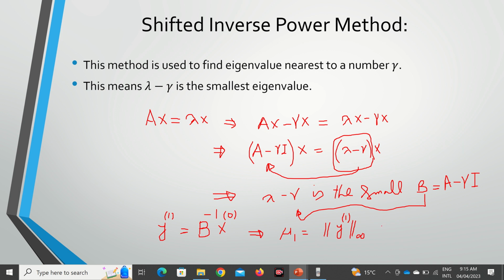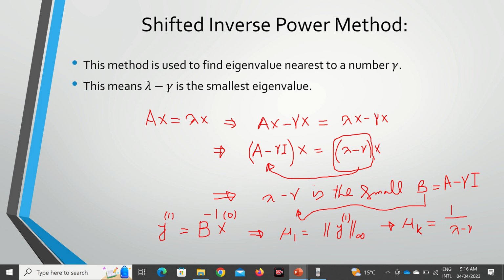Once you are done, if you have found this mu k in the kth iteration, mu k is basically the largest eigenvalue of B inverse, which would be 1 divided by lambda minus gamma.